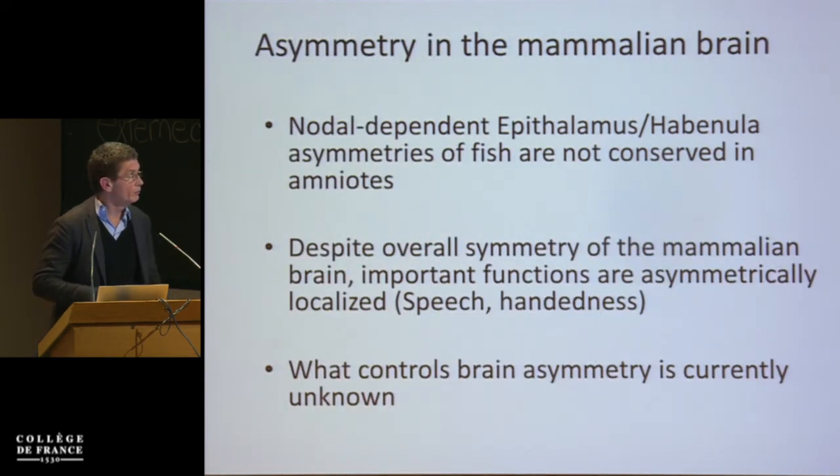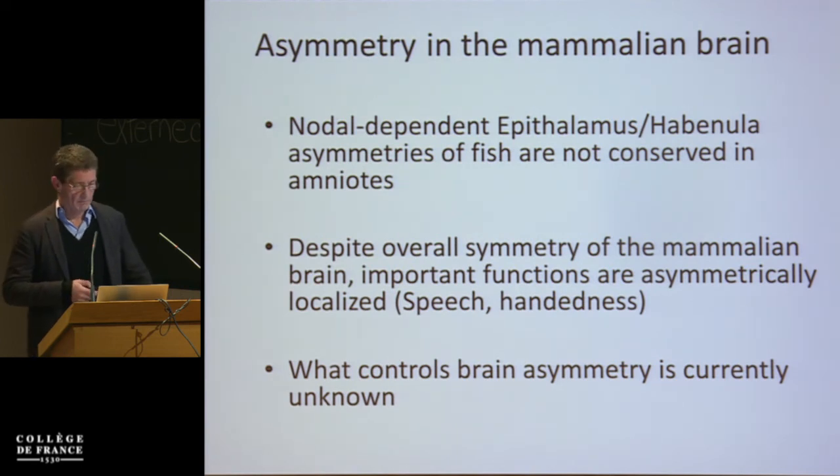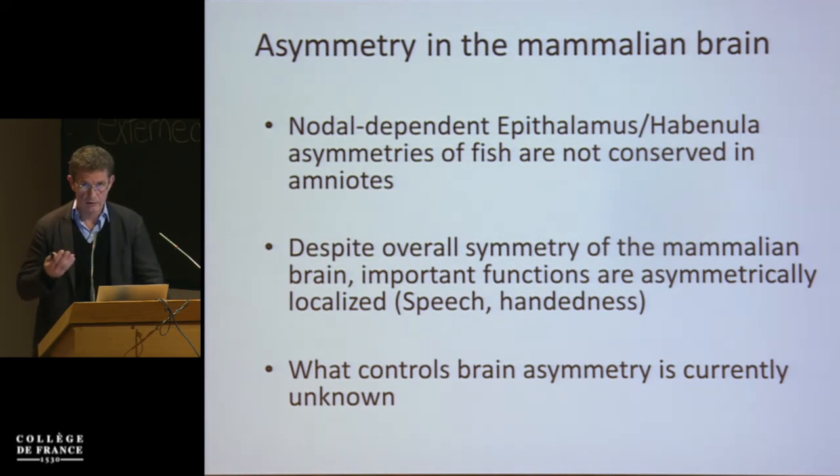So what do we know about asymmetries in the brain? We know that these Nodal-dependent asymmetries of the epithalamus are not conserved in amniotes like mammals. We know that the mammalian brain, even though it's overall symmetrical, is highly asymmetrical when it comes to function.